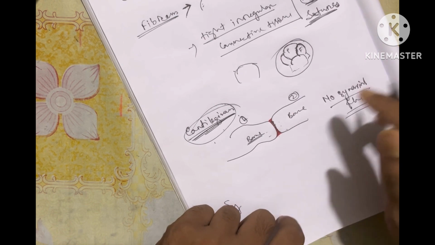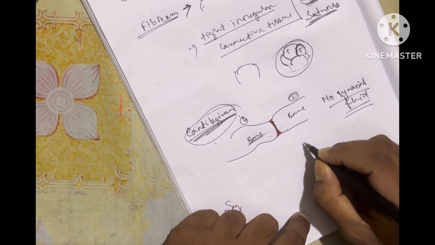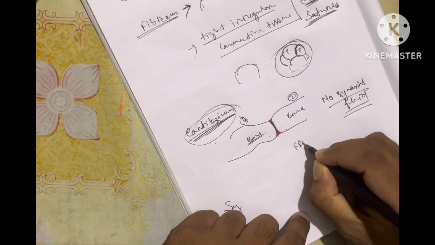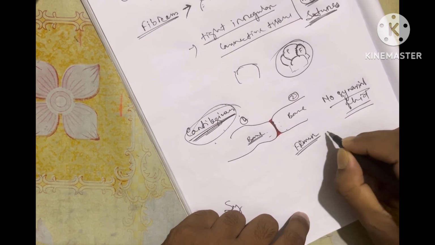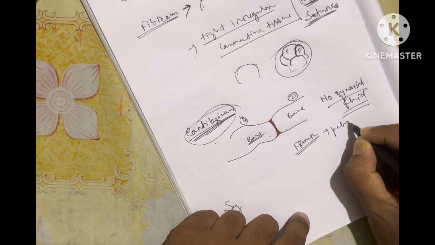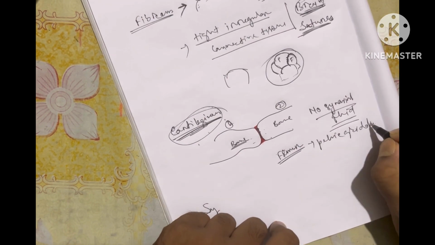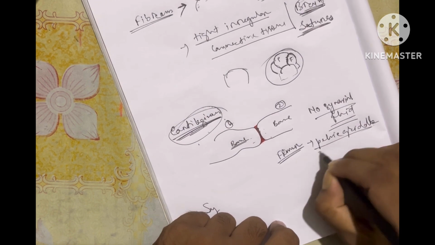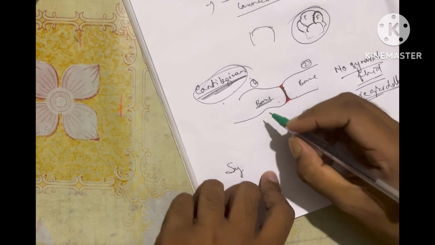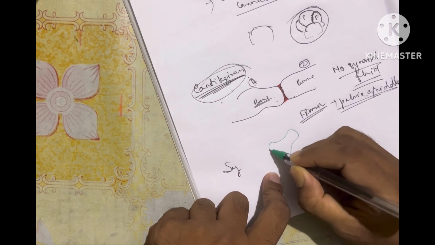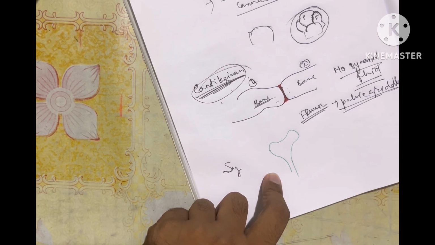One example, I just forgot to give you the example: when our femur is attached to our pelvic girdle. The femur's shape looks kind of like this.